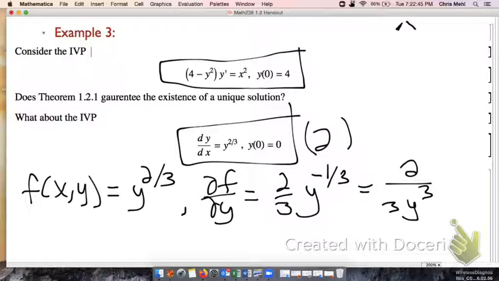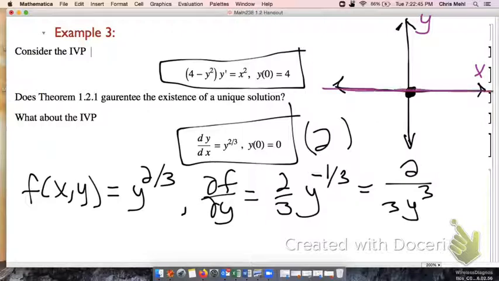Okay, so I draw this picture now. Here's the point (0, 0). I want to remind you again, here's the y-axis, here's the x-axis. F is just the right-hand side of the first-order differential equation in normal form. That function and its derivative with respect to y are defined everywhere except on the x-axis. But the problem is, look at the point given, (0, 0), that's my initial condition.